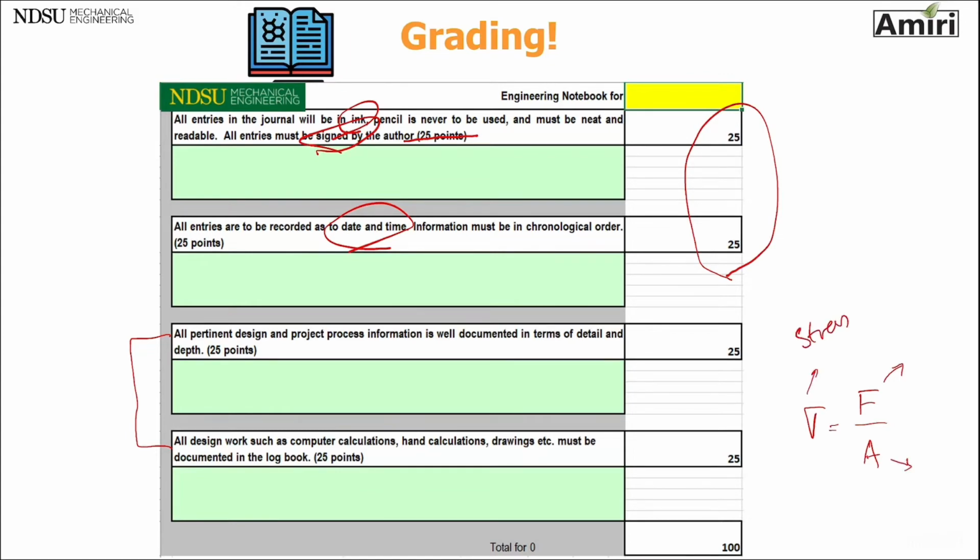Don't just assume that whoever is reading your notebook knows the details. So try to put as much detail as you can in your notebook. These are all provided and available on Blackboard for you to review.